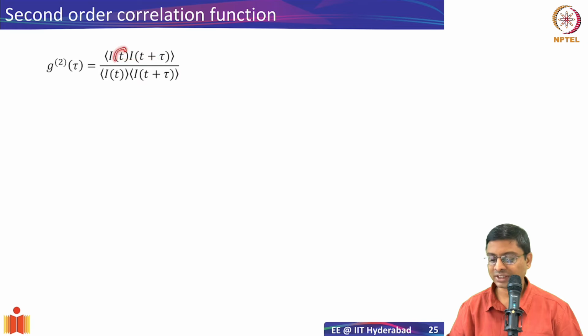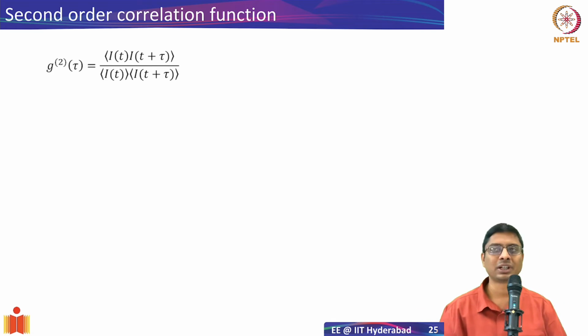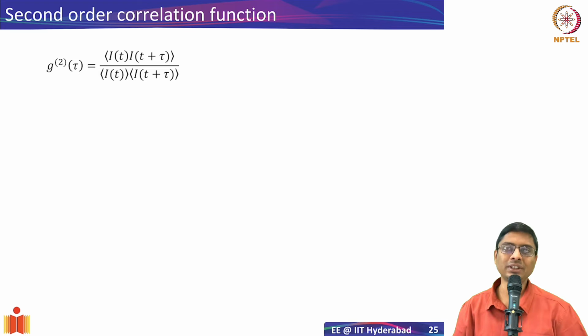So you have the initial intensity and the delayed intensity. It's a correlation, a product of it, taken as a time average, and then divided by the time average of the first and the second intensities. So you have two of these beams. One beam is delayed with respect to the other. You take a correlation, and this is a second order correlation because we are actually taking intensity correlation, not electric field correlation. If you take field correlations, that becomes the first order correlation function.